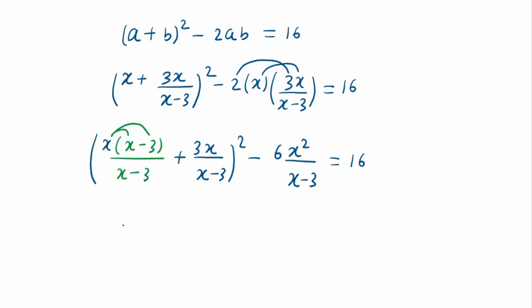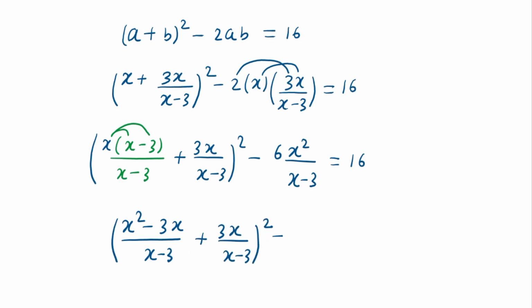Then x times x is x² − 3x, divided by x − 3, plus 3x/(x−3), whole power 2, minus 6x²/(x−3), and this is equal to 16.